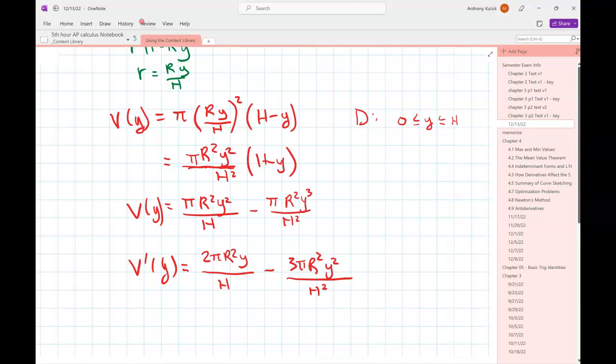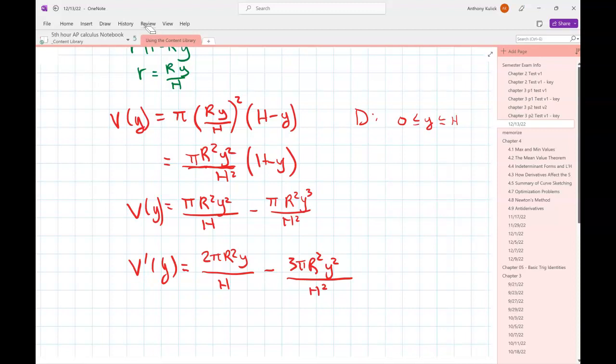Okay, so we did the derivative, right? And getting to this is not that difficult. Even if you couldn't show how to get that thing that I wrote down as the volume, if you had that volume, you can take the derivative of it, right? That's not a big deal. And what do we do with the derivative now? We find the critical values. So we set it equal to 0. And what else do we have to check for?